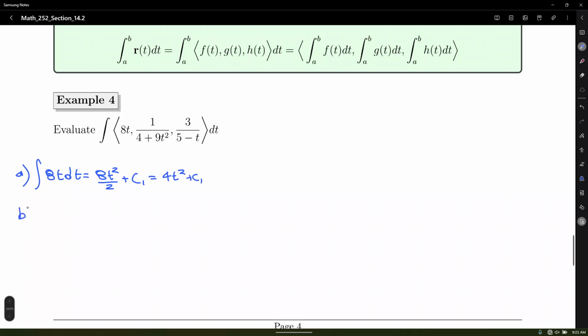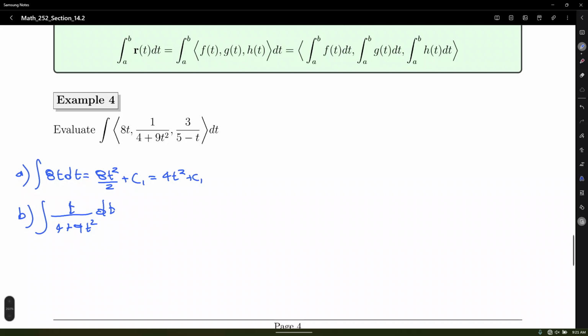What about letter B? The integral of 1 over 4 plus 9t squared dt. Alright? Any ideas about this integral? How do we evaluate it? The arctangent, right? What if we had a t right here in the numerator instead of a 1?